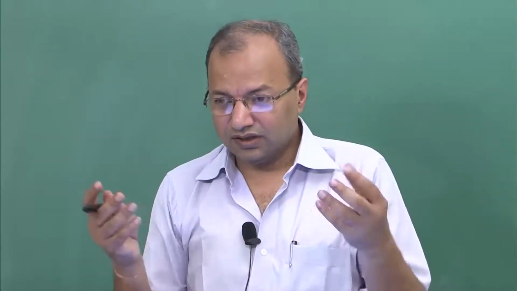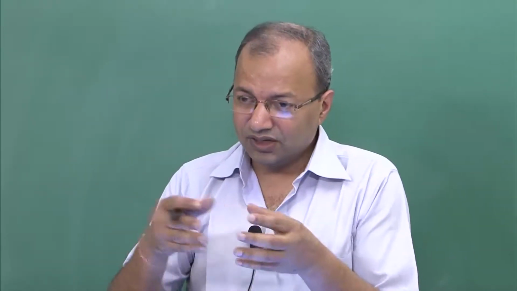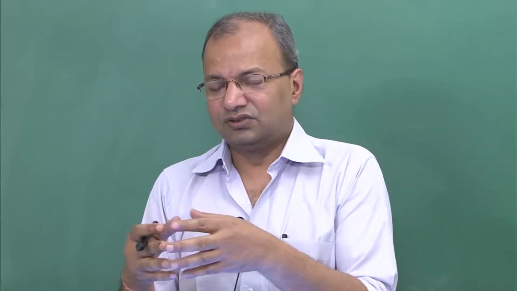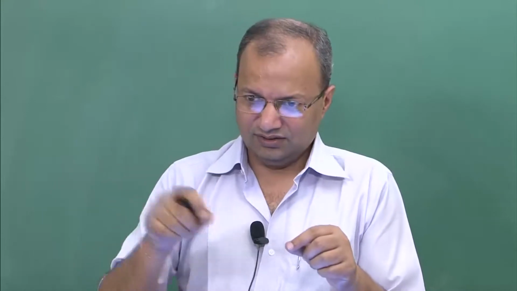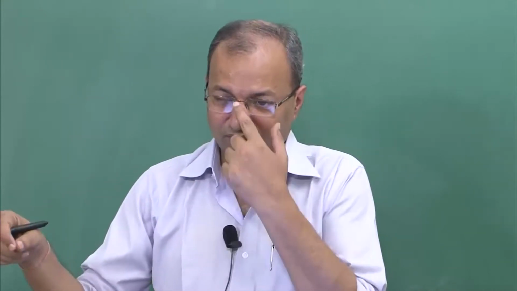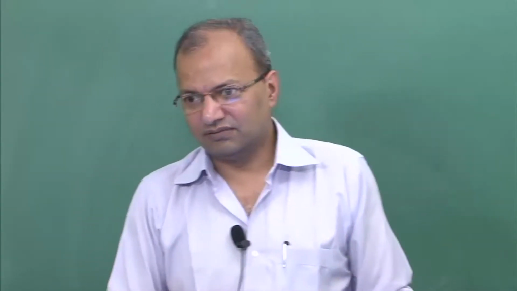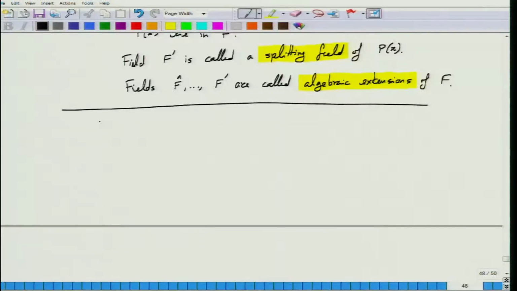See, the isomorphism means both addition and multiplication are preserved. So if A times B is 1 in one, then phi of A times phi of B would be 1 in the other. So that means the inverses will also exist in the other. So in that sense, isomorphism essentially captures the same field.